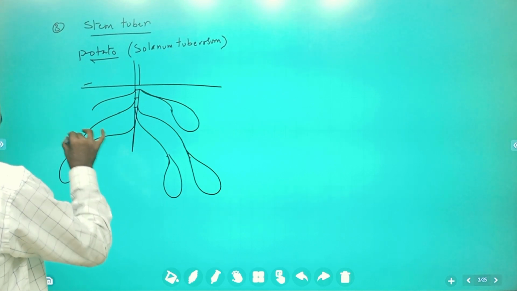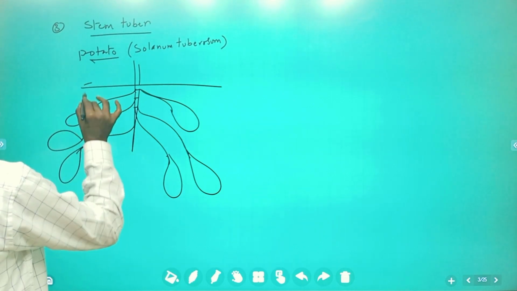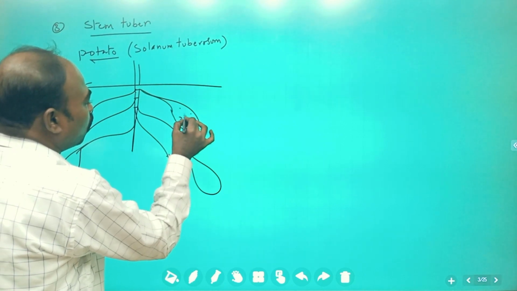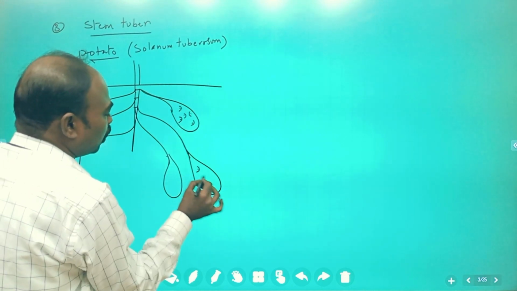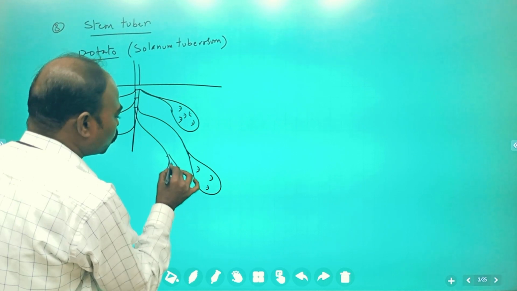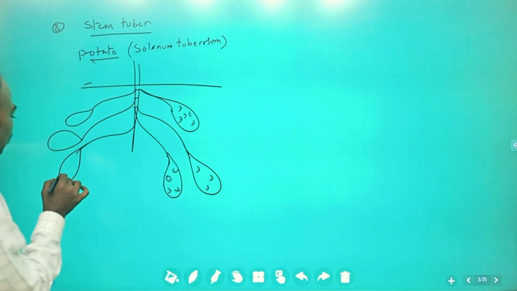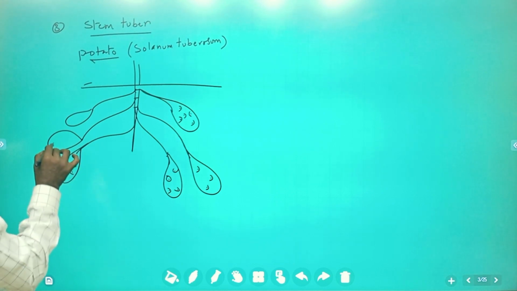These portions are otherwise called tubers. They have eye spots, a representation of nodes, and semilunar scars are found.